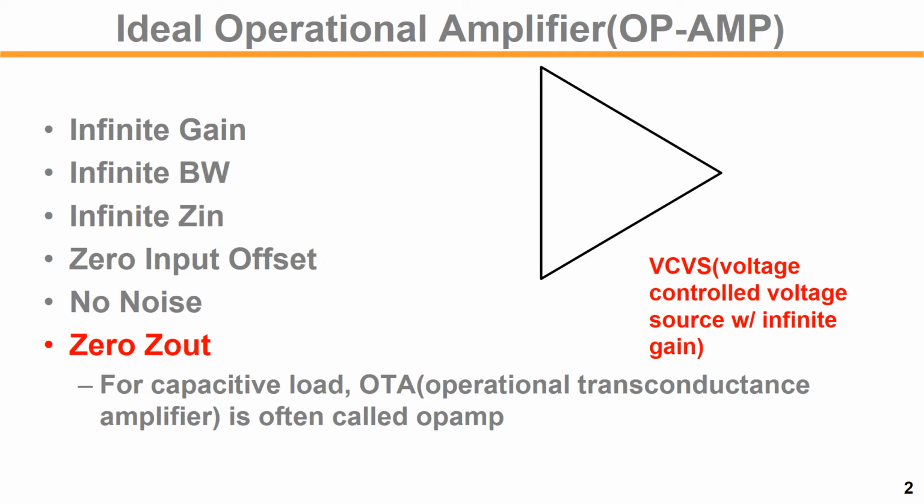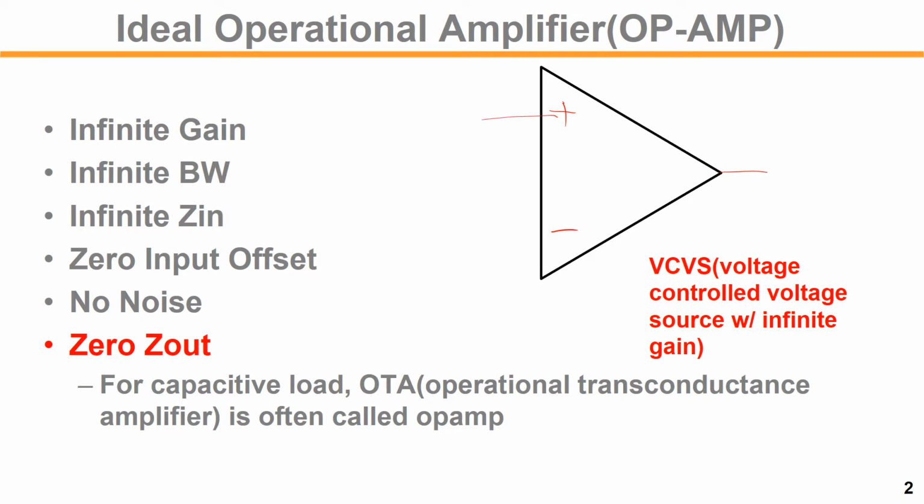and zero output impedance. In the symbol we had a plus and minus, and the output is amplifying the input difference. So the output is voltage, so it looks like a voltage controlled voltage source.